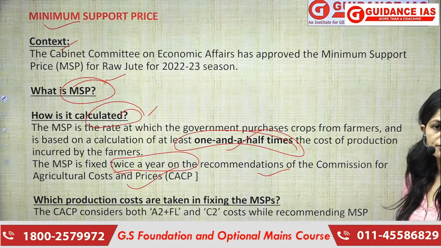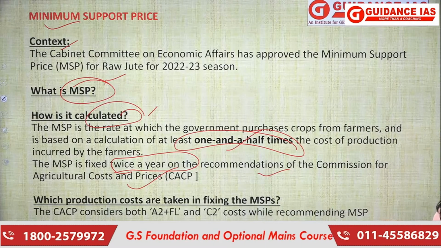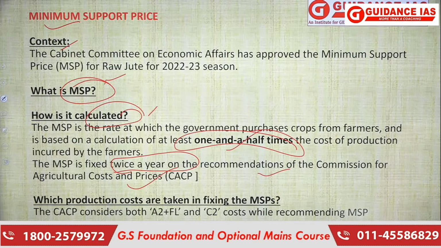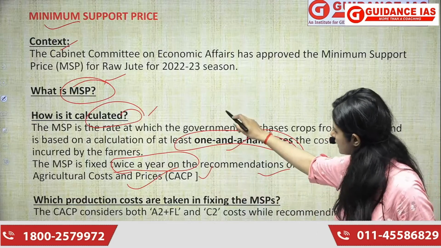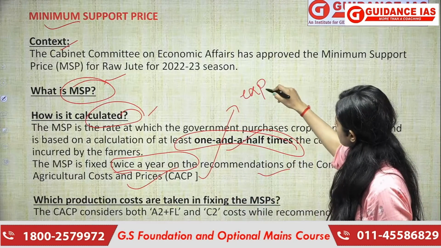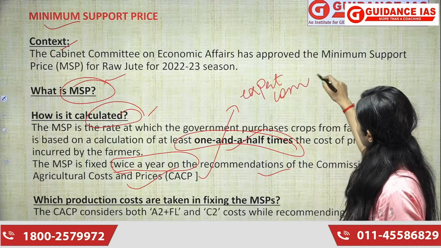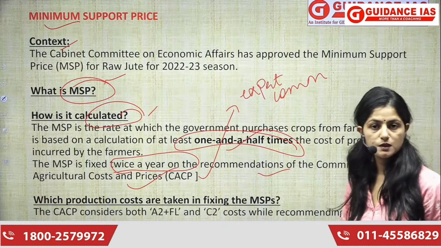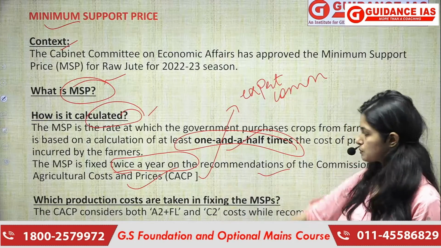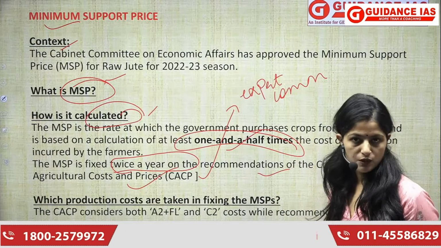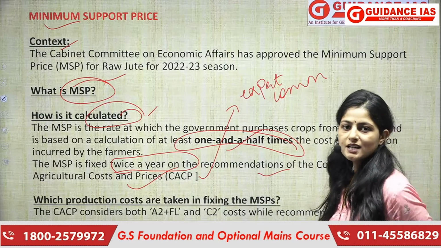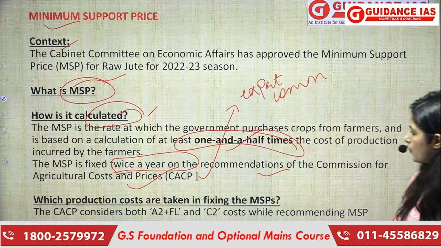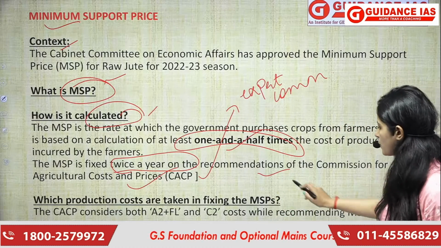On the recommendation of CACP. ठीक है, CACP basically is an expert committee which recommends the MSP, कि कितना MSP होगा. So basically this is the body which gives the farmers the remuneration and which maintains the stable price environment in our country, right?